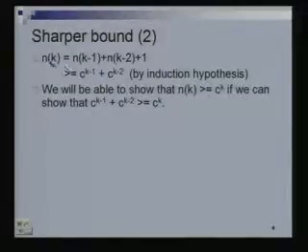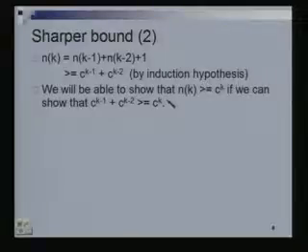Okay. Now, I have to show that n of k is larger than c to the k. I can show that if I can show that this quantity is larger than c to the k. So, this is what I have to show. I have to show that c to the k minus 1 plus c to the k minus 2 is larger than c to the k.